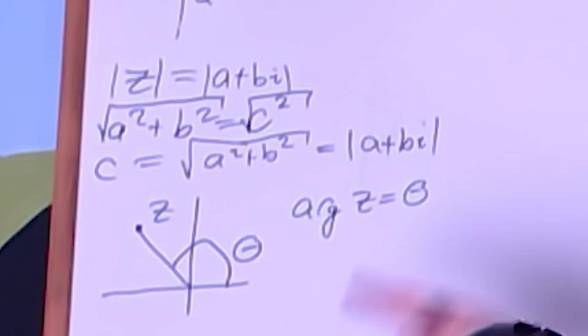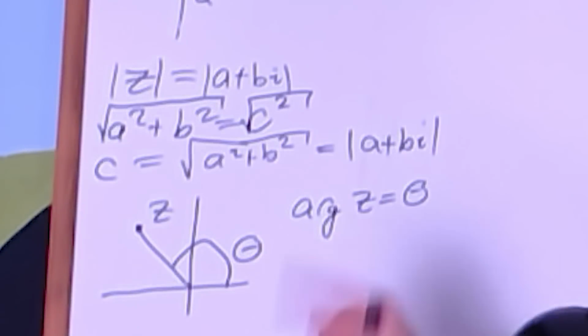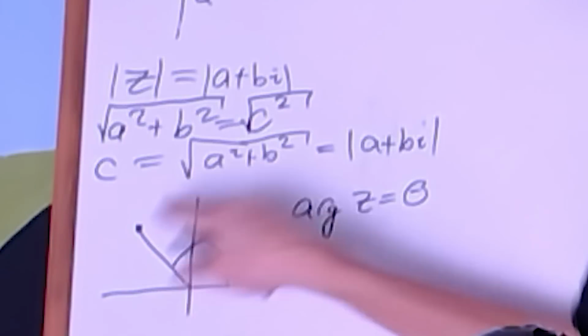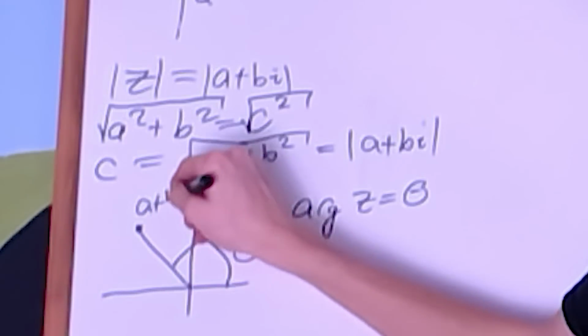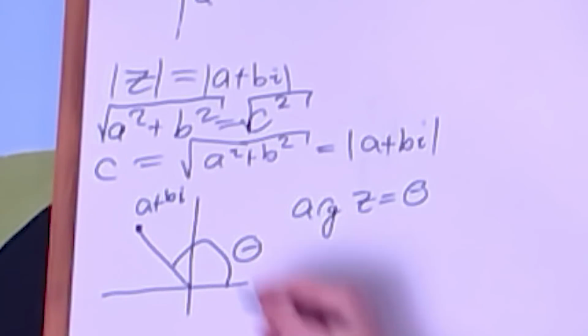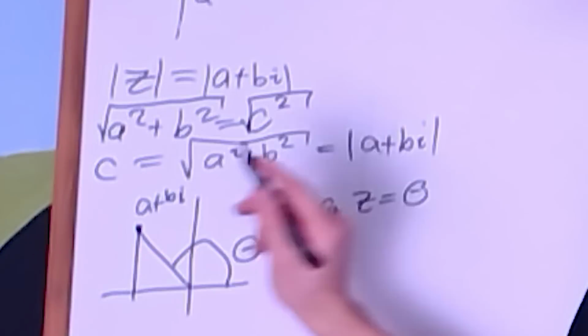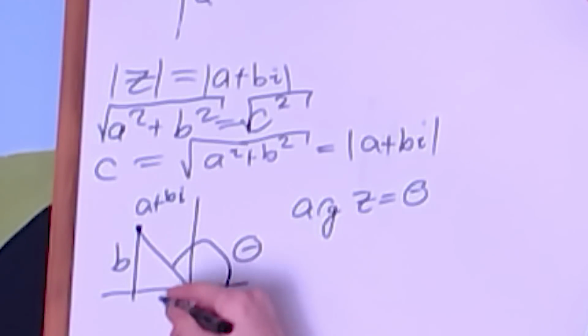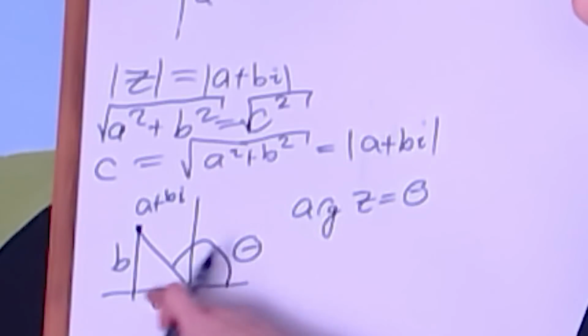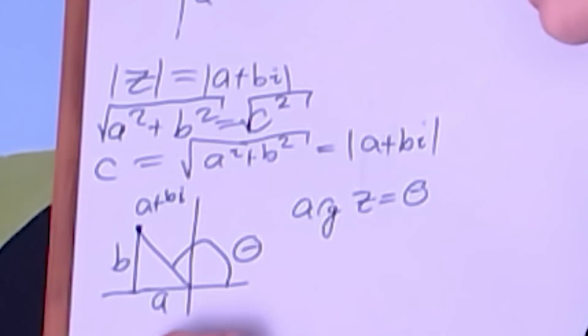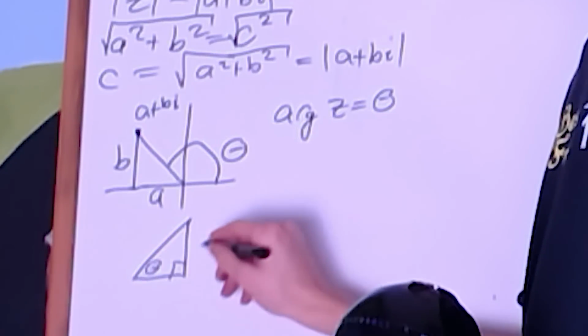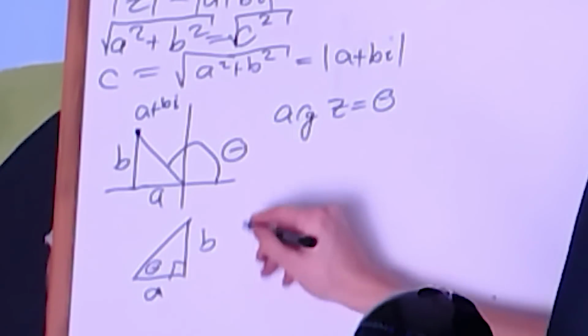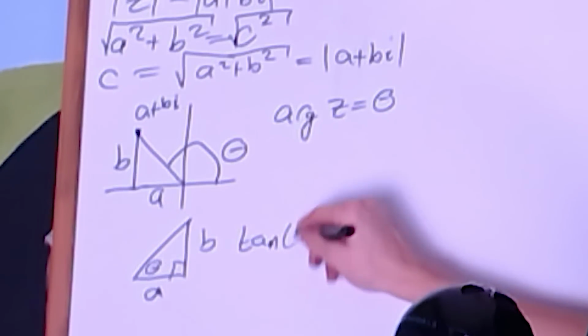Now how do I figure out how to get the argument? Let's say this is a plus bi. Then I can again draw the components, so that this is a length of b and this is a length of a. Then I can take tangent inverse. Let's draw a right triangle like this: right here is theta, right here is b, right here is a.